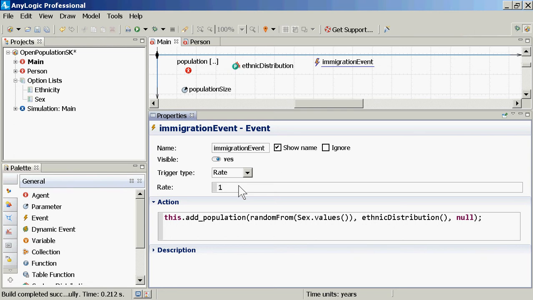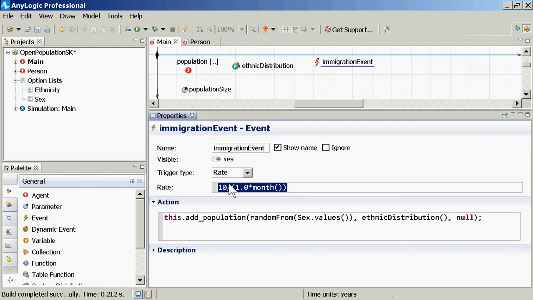Those who are AnyLogic 6 hands, pay attention to this because this is one of the neater features. We're going to specify the number of people, the rate at which people come in, how many people on average per year, our time unit. We're going to specify it using a formula. It's actually going to be independent of the time unit. So it's going to be 10 people per month. See this per month? So it's 10 per 1 month, okay?